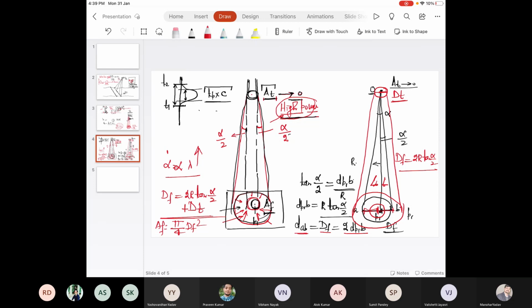So just see, this is the objective function. What we want is DF tends to 0. We need to optimize it. So we need to decide what should be the flying height. If you want to keep DF small, the flying height R should be less. You need to fly very close. Then again, tan alpha, the alpha should be less.